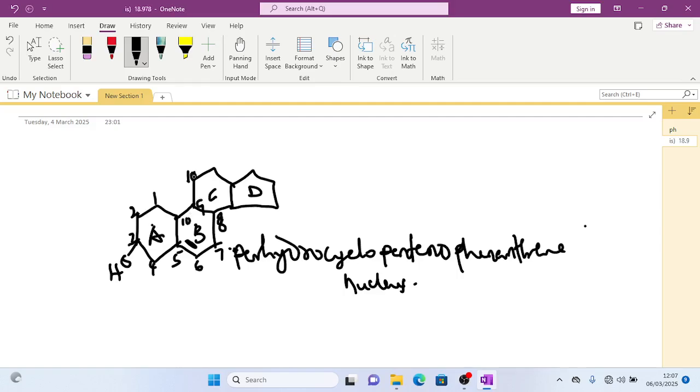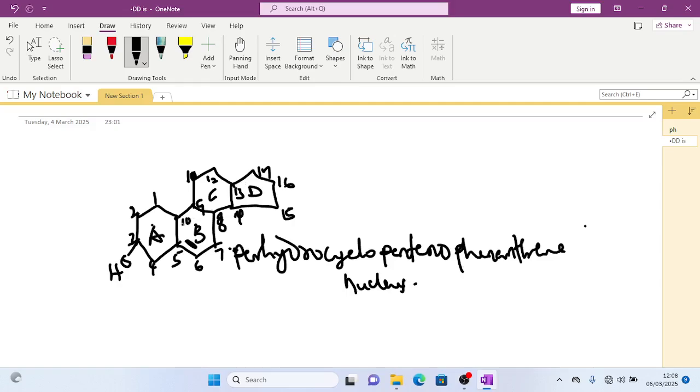This is 11. This is 12. This carbon here makes 13. This is 14, this is 15, this is 16, and this is 17.